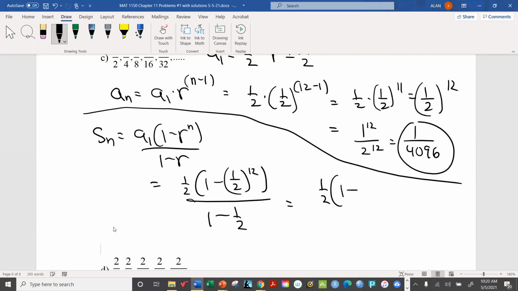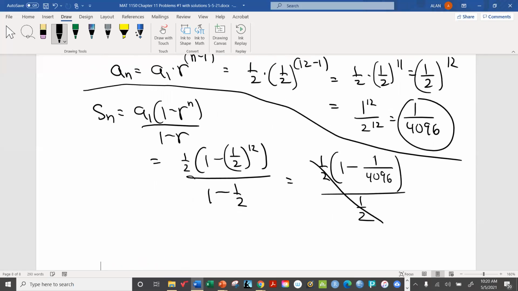Now, 1/2 to the 12th, like we saw up here, is 1 over 4096. And 1 minus a half is a half. These just drop out, which is kind of nice.